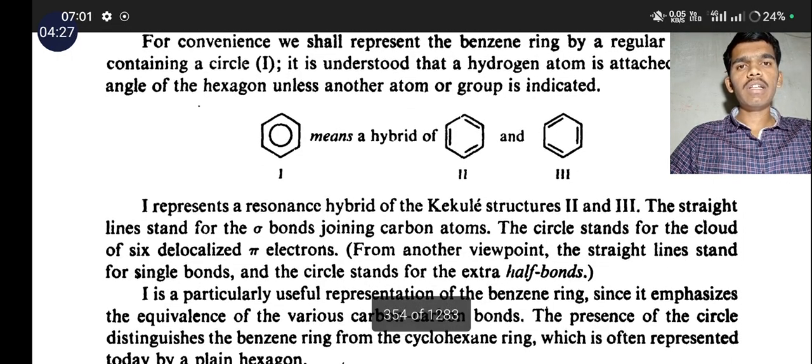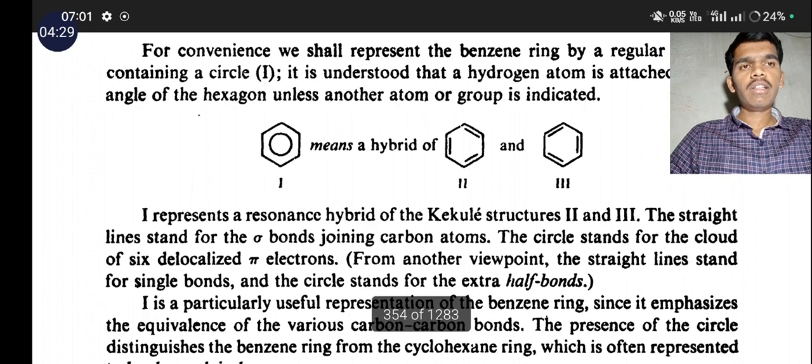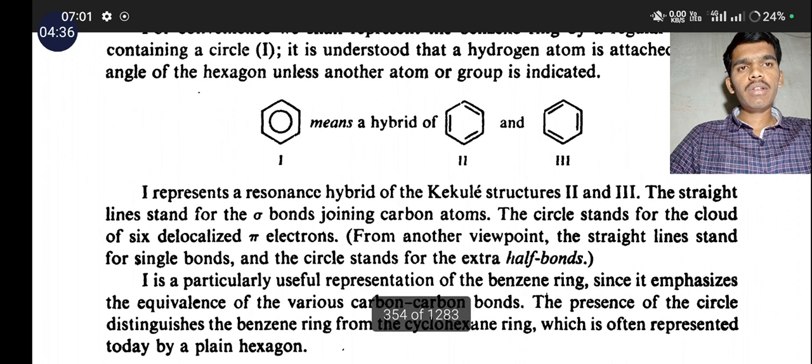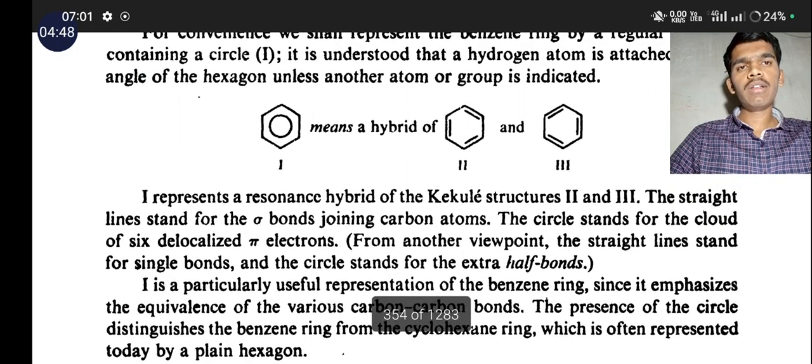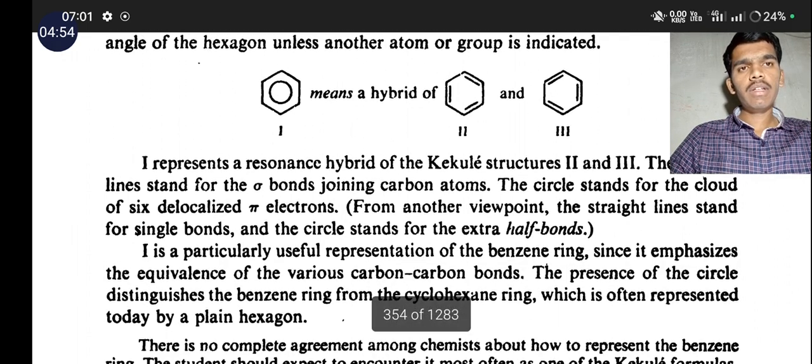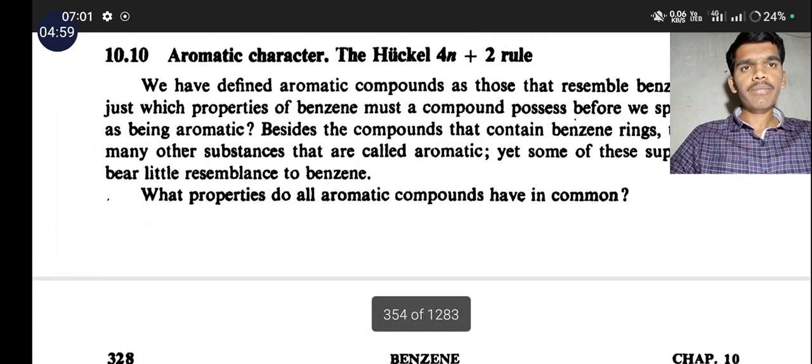So for representation, I have told that there will be two resonating structures, the electrons will be available in the first structure for some time, the second structure for some time, and this will go on. In a very simplified way we can give this structure, the first one that is shown on the screen.